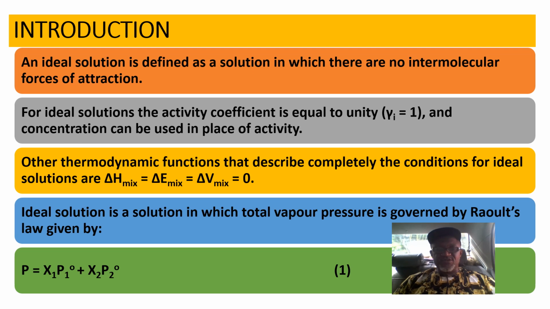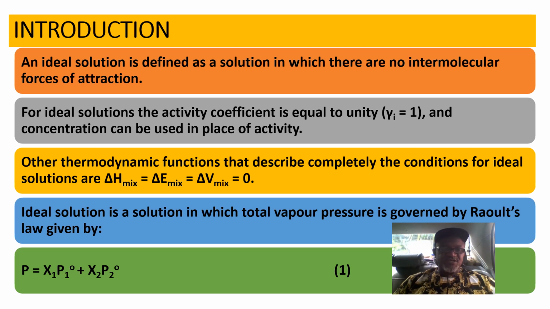An ideal solution is a solution in which the total vapor pressure is governed by Raoult's law. And Raoult's law is given by equation 1 there, that the total pressure is equal to x1 p1 raised to power 0 plus x2 p2 raised to power 0. x1 is the mole fraction of the solvent. P1 to power 0 is the pure vapor pressure of the solvent.